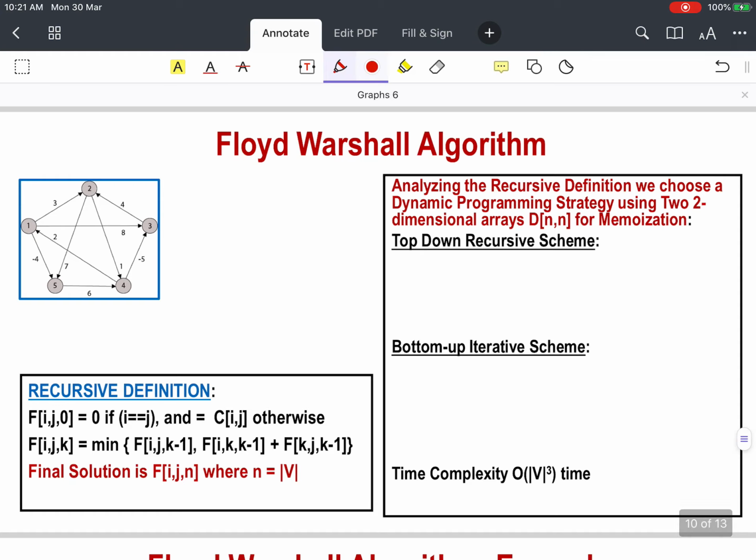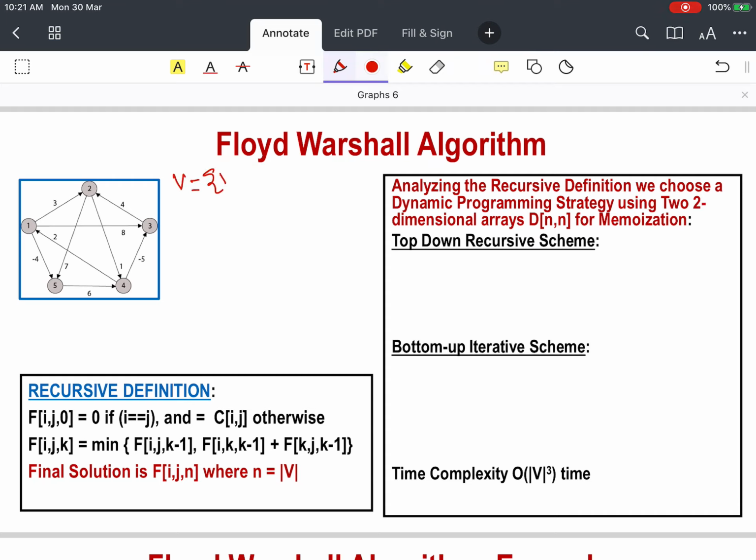Finally, we come to another very unique and very popular algorithm called the Floyd-Warshall algorithm. Unlike in the previous case, where we were trying to find the shortest cost path of length at most k, the Floyd-Warshall algorithm makes a very interesting change.